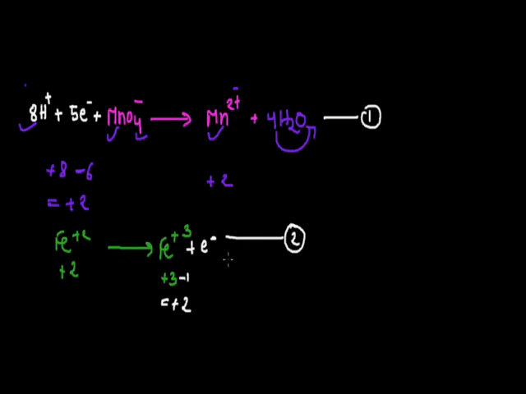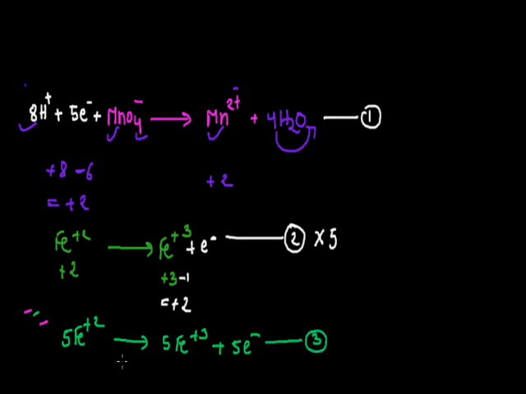Before adding them, we multiply reaction 2 by 5 for balancing the electrons in both reactions. After multiplying we get the reaction 5 Fe plus 2 gives 5 Fe plus 3 plus 5 electrons. Now that is the third reaction.